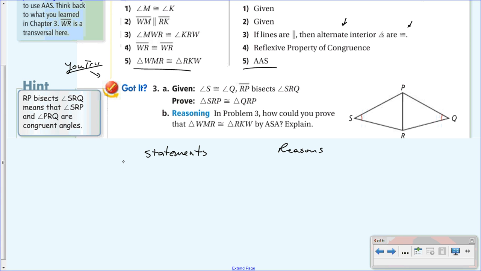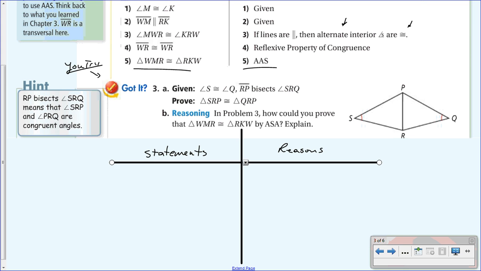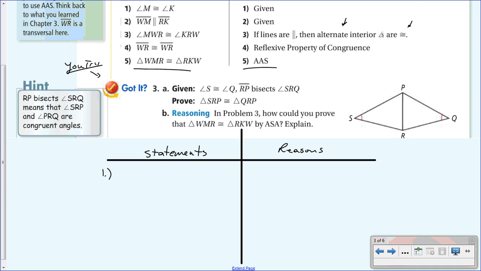Now, for these proofs, you basically just write down what you do in your head as you're thinking through these things, trying to figure out if they're congruent or not. So step one. Step one is always, always, always easiest, because you always want to start with your given information.